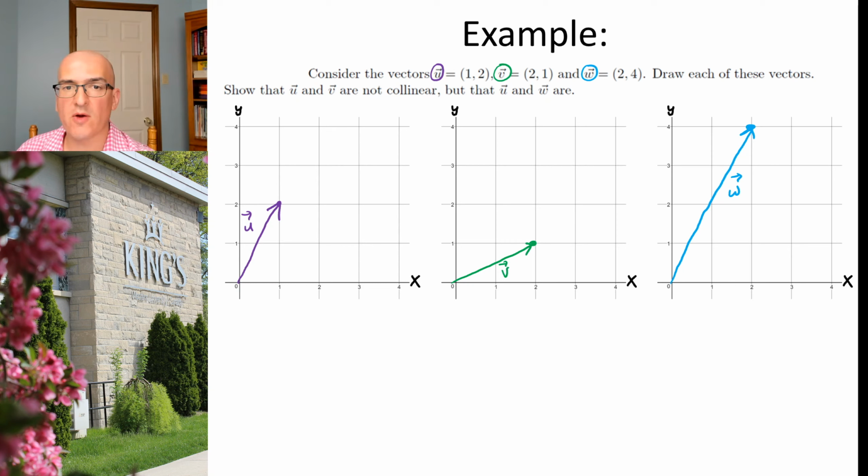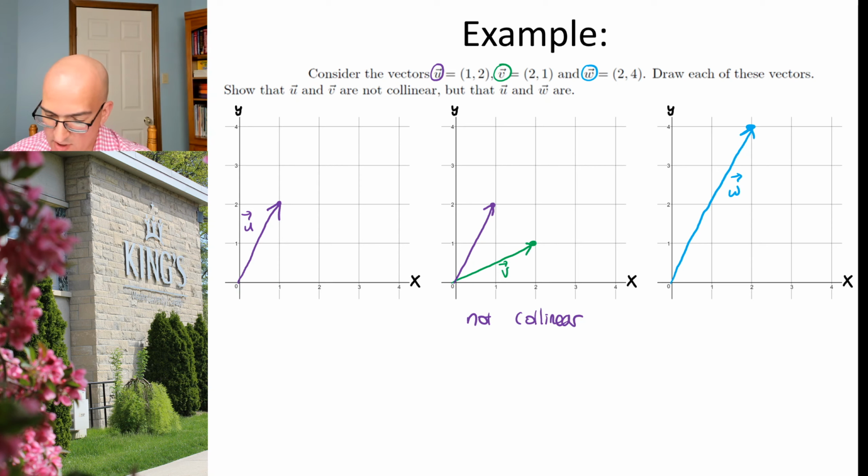So we did the first part, we drew them. Second part, show that u and v are not collinear. The easiest way to do that is to graph them together. So I'm going to graph the vector u in the second picture along with v. So (1, 2). They're not on the same line, not collinear.